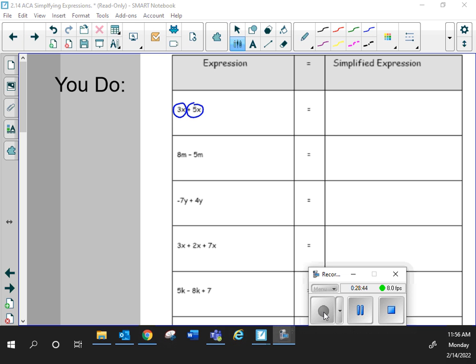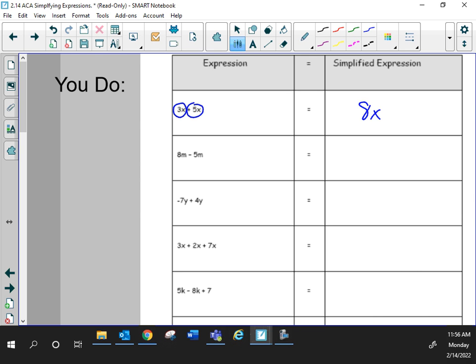Okay, on this first one, do I have any zero pairs? No, I have 8x. Circling the term with the sign in front of it. 8m and negative 5m. Do I have zero pairs? Yes, and what do I have left over? 3m. Okay, circling it with the sign in front.